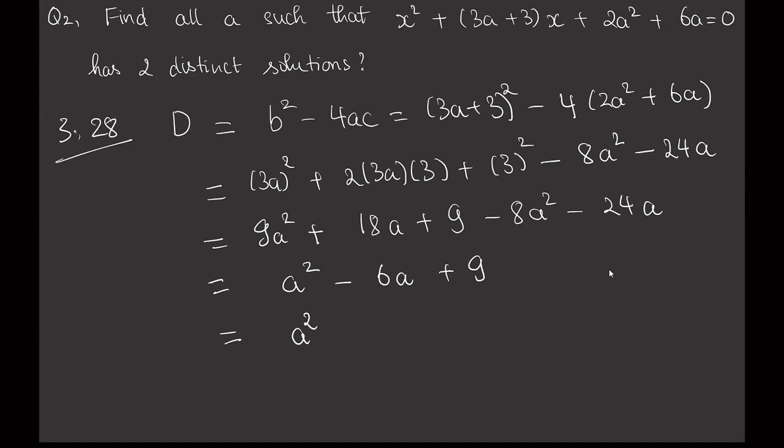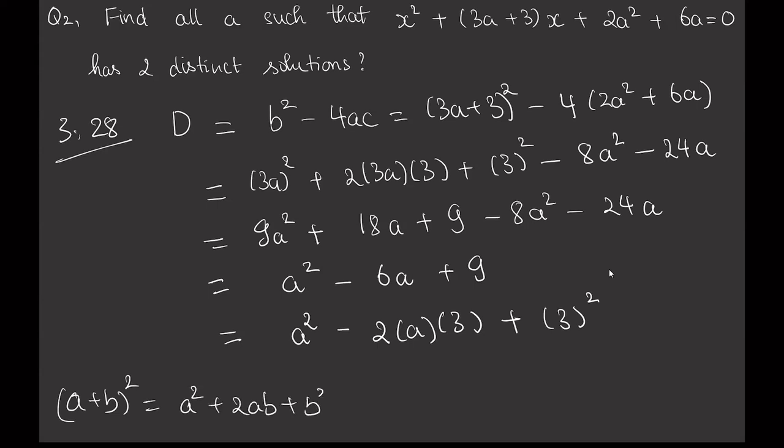Then I got a square here and I have 2 times a, and I want to make it 6, right? 2 times what equals 6? So 2 times 3 equals 6. I put 3 here and then I have 3 squared. Because in the formula a plus b squared, it is a squared plus 2ab plus b squared.